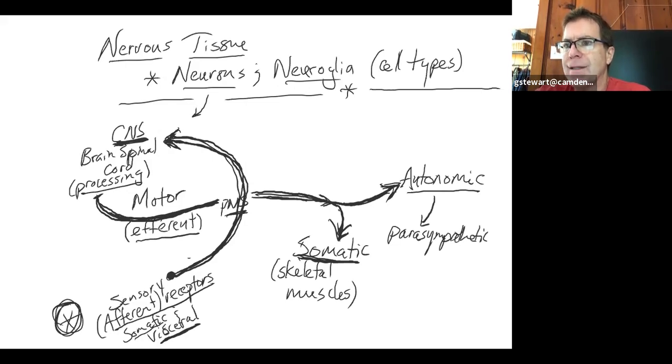This is known as rest and digest, and it tells your stomach to start secreting things and churning. So I'm just going to write rest and digest. And by churning and secreting things, it starts to digest your food.